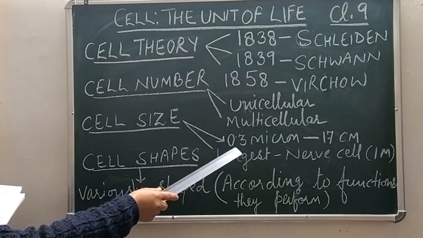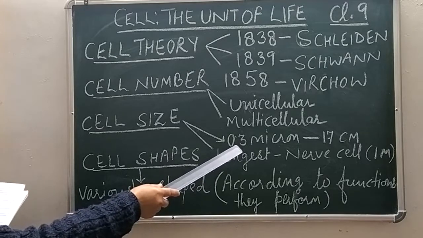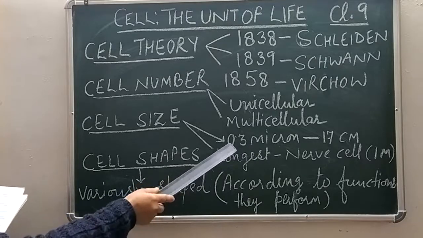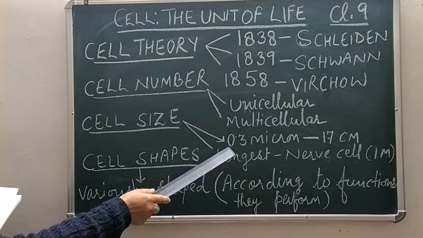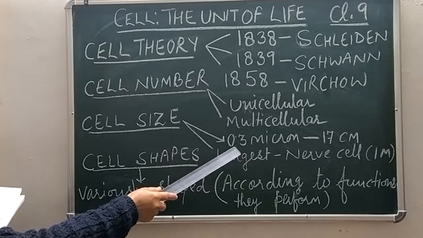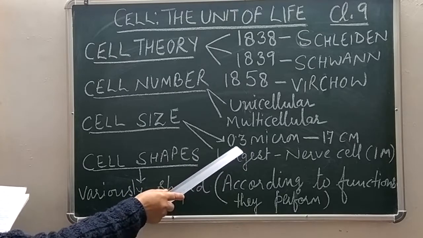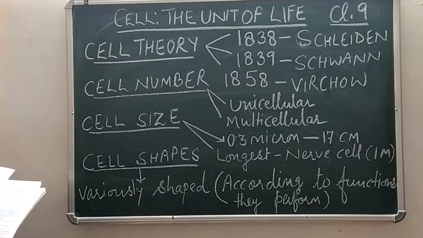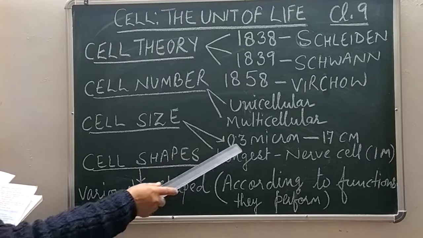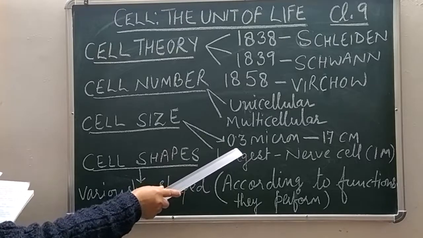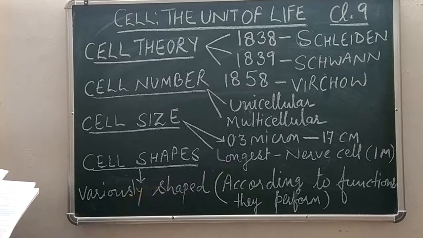These cells are even smaller than that, so they vary from 0.3 micron. The smallest cells are 0.3 to 5 microns. You can also say micrometer. And bacteria cells are the smallest cells, composed of 0.3 to 5 microns.